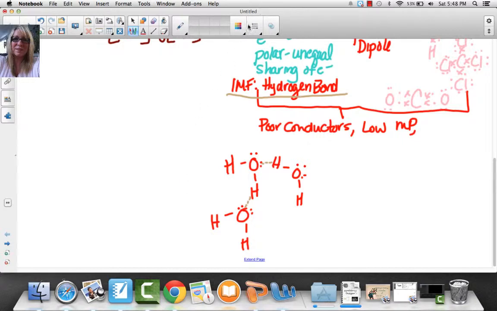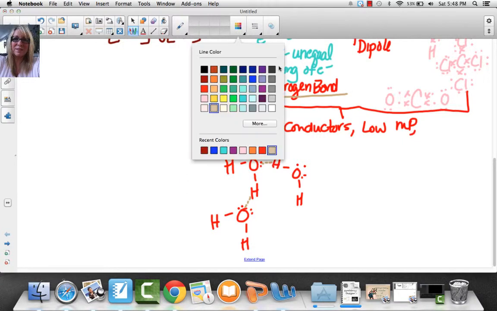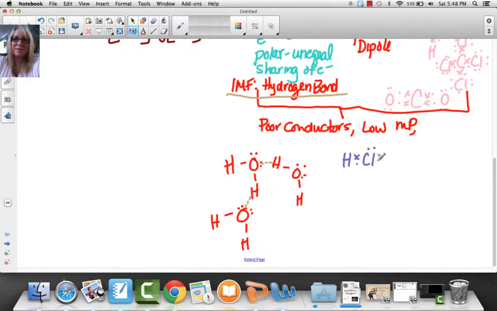Now let's look at a dipole-dipole and see how it compares. So here's 3 polar molecules, 3 HCl molecules.